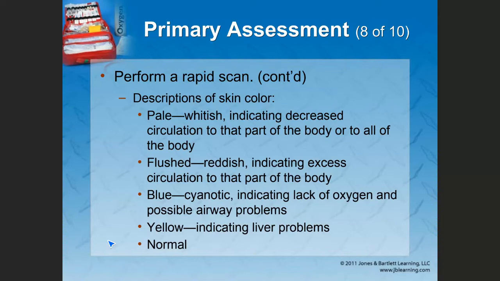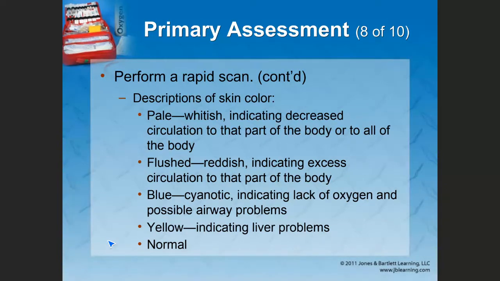So pale skin, whitish, indicating decreased circulation to that part of the body or to all of the body. So pale skin is a circulation issue. Flushed, which is reddish skin, this indicates excessive circulation to that part of the body, and that is linked to inflammatory or infectious processes occurring in the body.